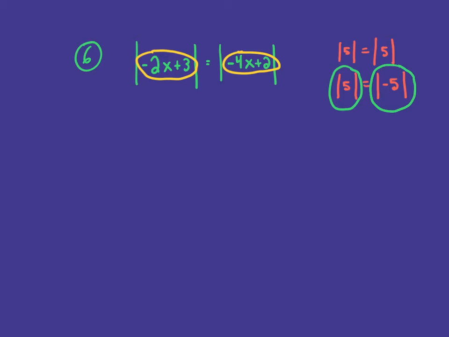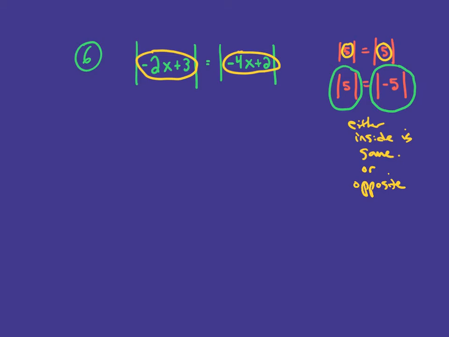So what that tells us is that either the numbers are exactly the same, either it's a 5 inside and a 5 inside, or you've got two numbers that are the opposite. You've got 5 and you've got -5. So if two absolute values are equal, either the inside is the same, or they're the opposite of each other.